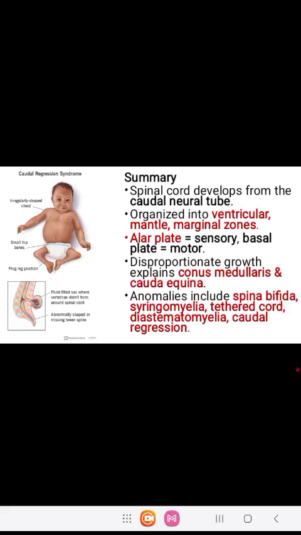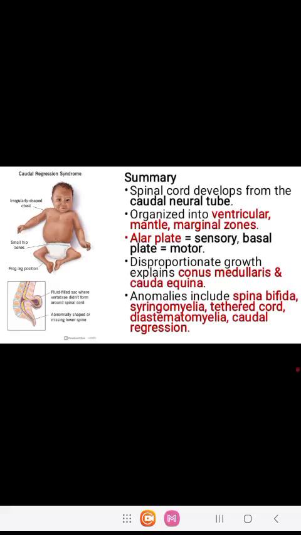We have some at the marginal zone, then the mantle zone, and also the ventricular zone. These cells are now split into two plates, which form the roof and the floor, separated by a sulcus limitans. The floor is called the basal plate, and the roof is called the alar plate.